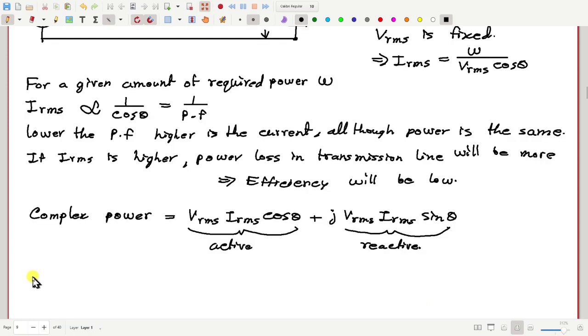Now, when cos theta is low, then sin theta is high. If cos theta is low, root over 1 minus cos square theta, that is sin theta, will be high. So that means reactive power will be high.